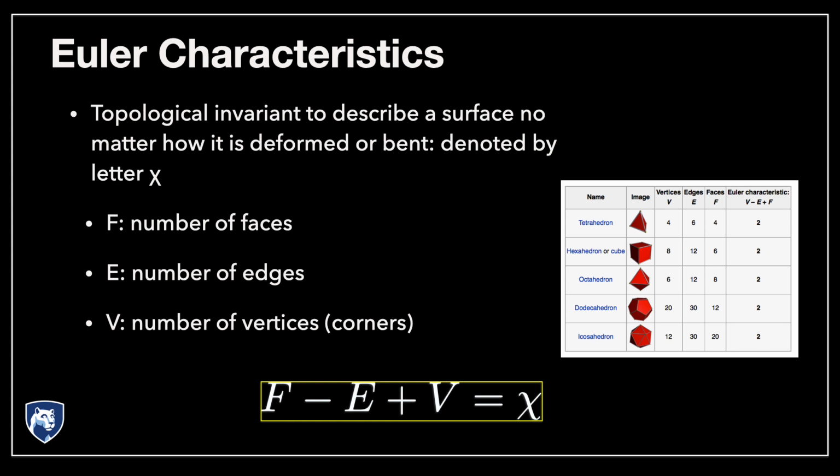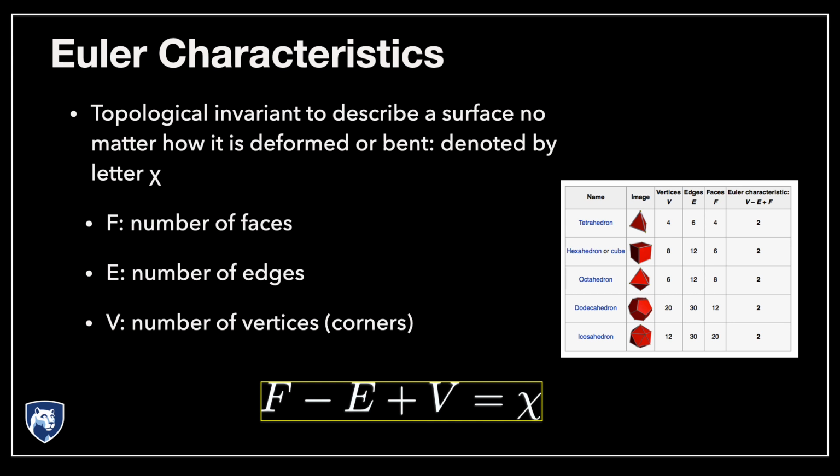You see that V minus E plus F is indeed a constant. And this constant is really the fact that all those polyhedra are topologically equivalent. So if you were to replace those polyhedra by some kind of clay, you can deform the clay into different shapes, but topologically you're not creating any tears or holes, and so that's why they're equivalent.